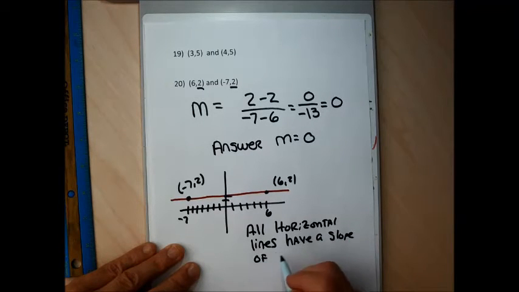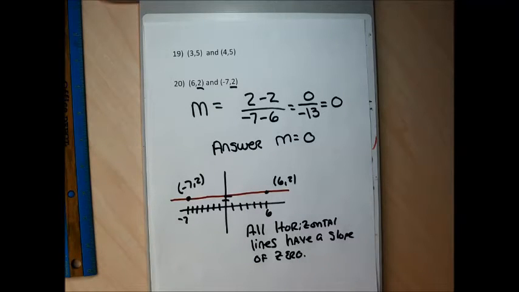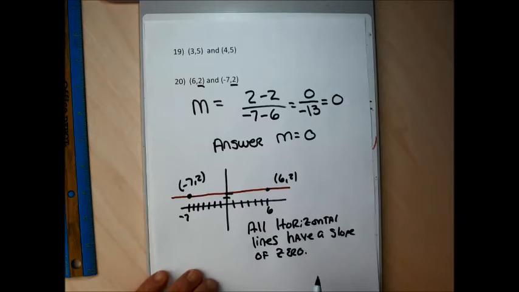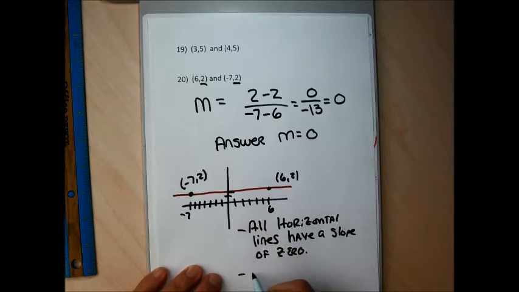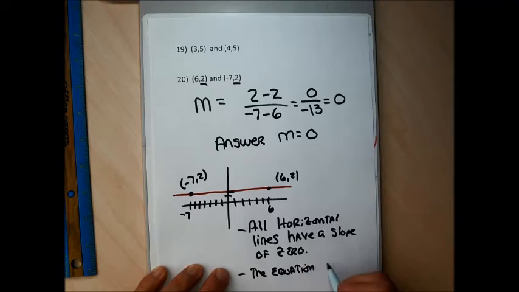Vertical lines have undefined slope and their equations only have an x. Horizontal lines have 0 slope and their equations only have a y. So the equation of any horizontal line only has a y.